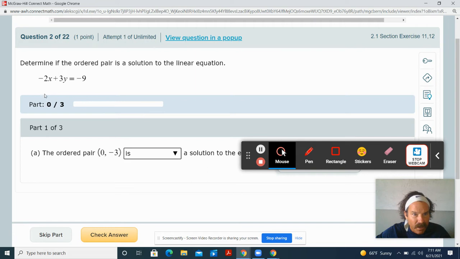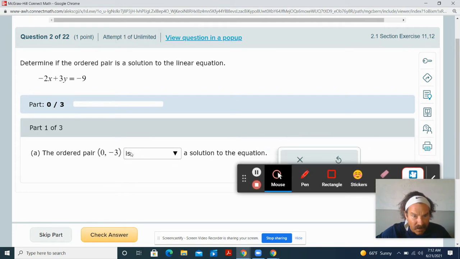So the equation here has an x and a y in it, and we know 0 is the x and -3 is the y. So if we plug 0 in for x, and we plug -3 in for y, we're either going to have a true equation or we're going to have a false equation. So if it's true, then you're going to say it is a solution. If it's false, you're going to say it is not a solution.